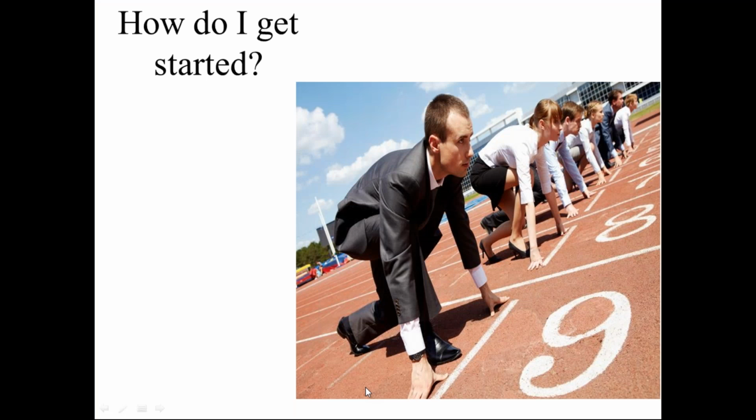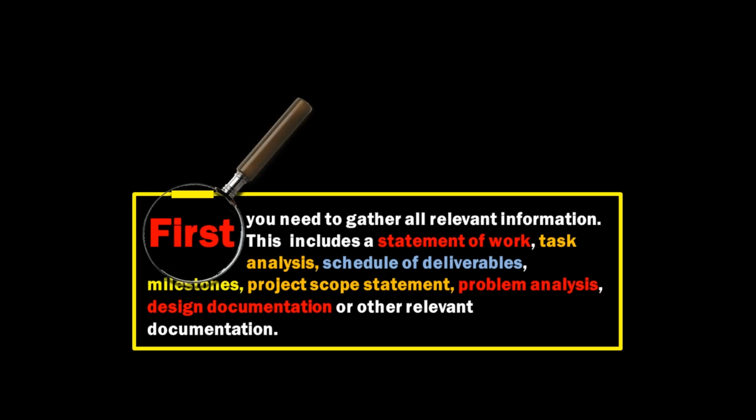So how do we start the work breakdown structure? First of all, we need to gather all the relevant information. This information includes a statement of work of the project, task analysis, schedule of the deliverables of the project, milestones which are to be achieved, project scope statement, problem analysis, design documentation, or any other relevant documentation.